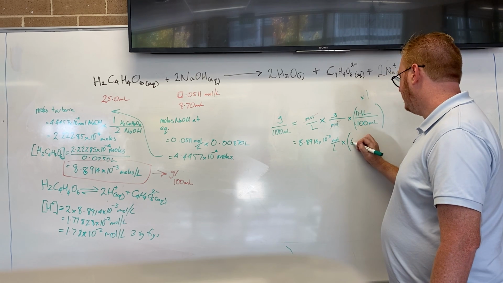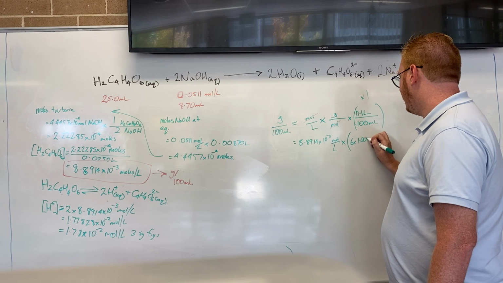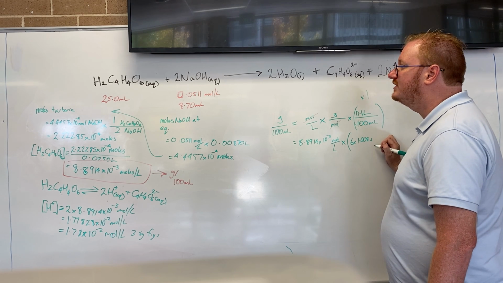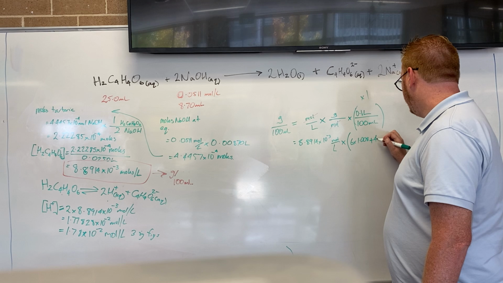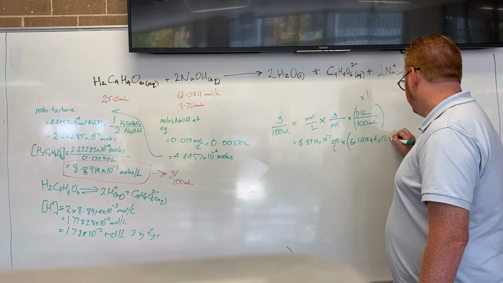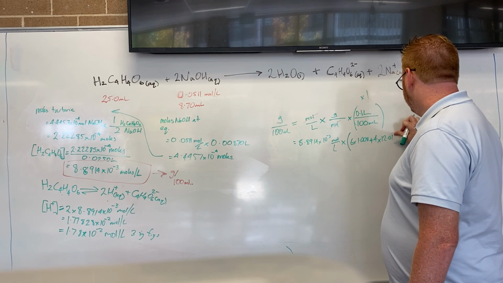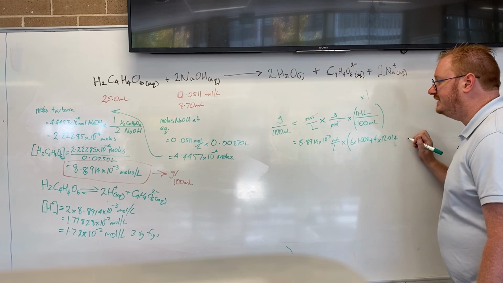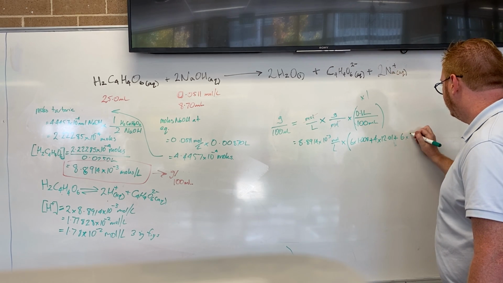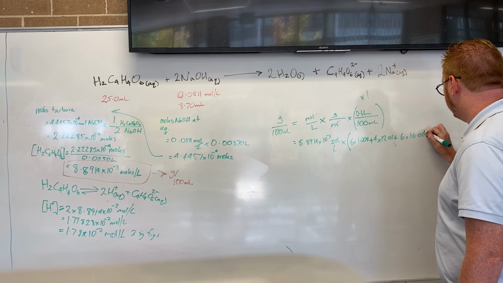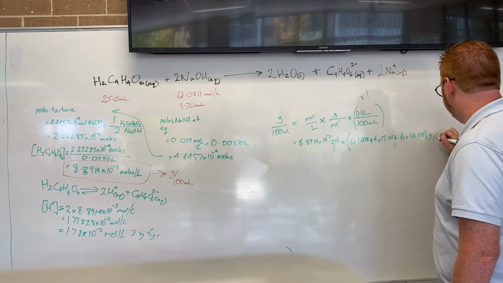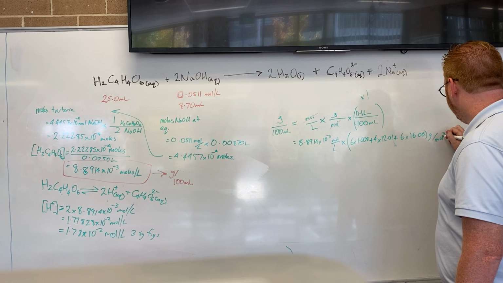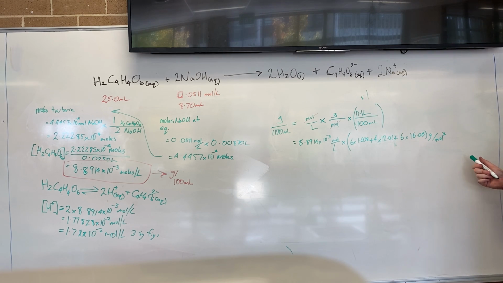So we had 6 times 1.008 plus 4 times 12.01. Oh, so that's the hydrogens and carbons. What else have we got there? Oxygen. 6 times 16.00 grams per mole. And then I'm going to multiply it by 0.1.